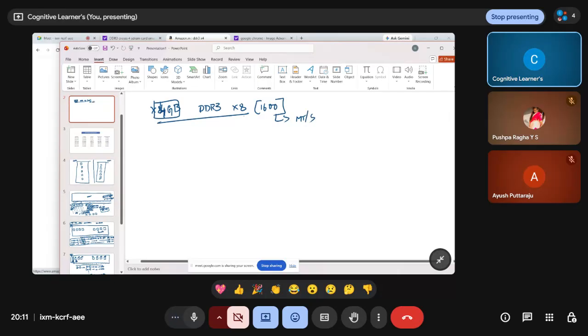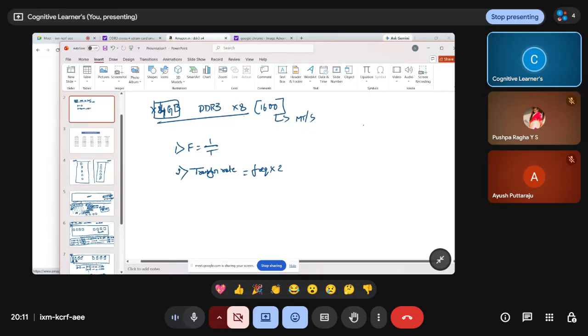Next, I give three formulas. First, how to calculate frequency: frequency is equal to the reciprocal of time. Next is transfer per second, also called transfer rate or data rate. The transfer rate is equal to frequency times 2. Why frequency times 2?